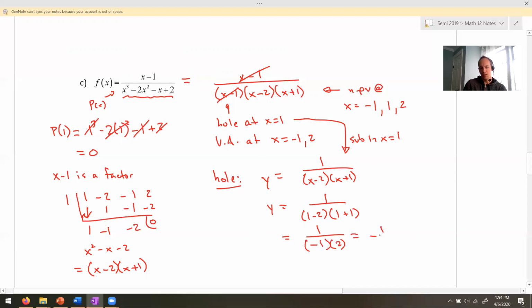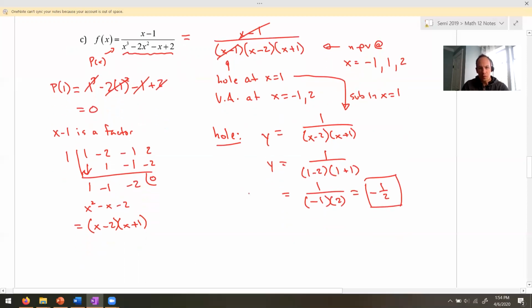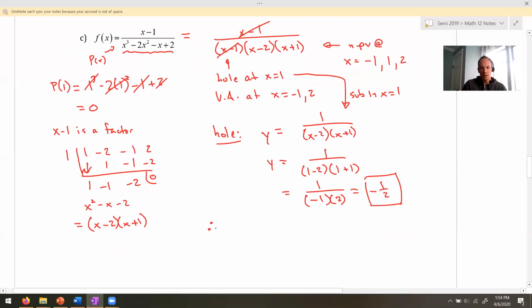So what's that, negative a half? I hope I did that correctly. That's my y-coordinate for my hole. So I can therefore say my hole is at (1, negative 1/2). And I can also summarize the vertical asymptotes, x equals negative 1, 2.